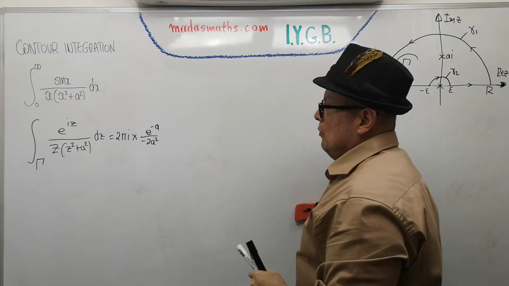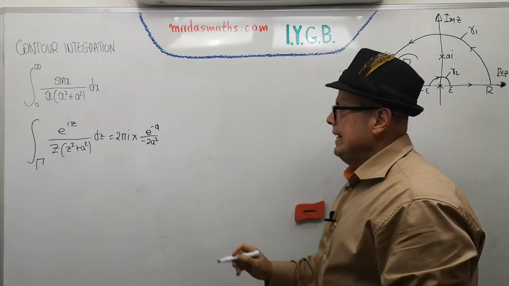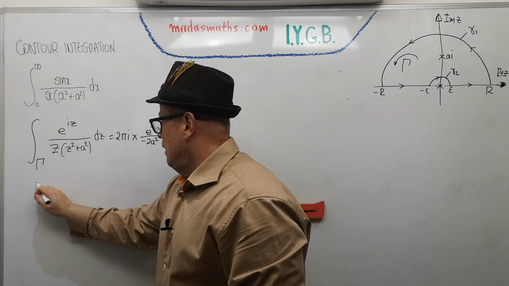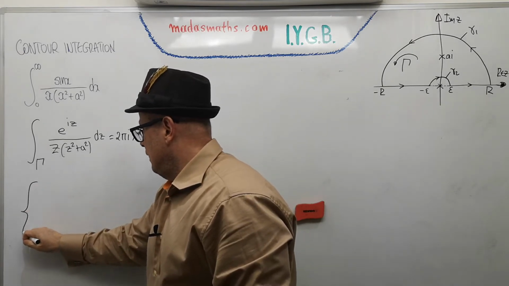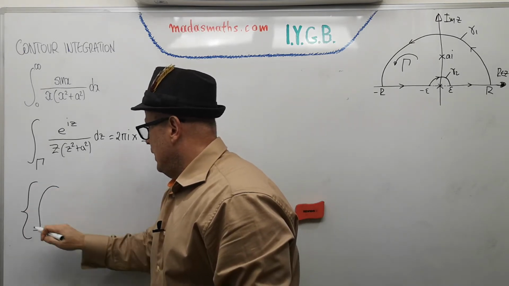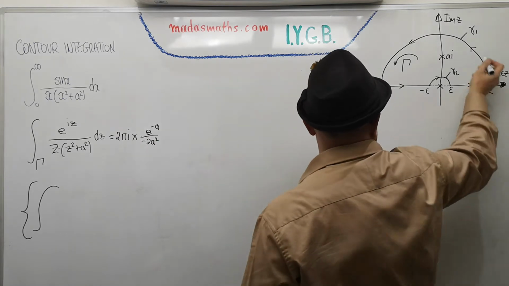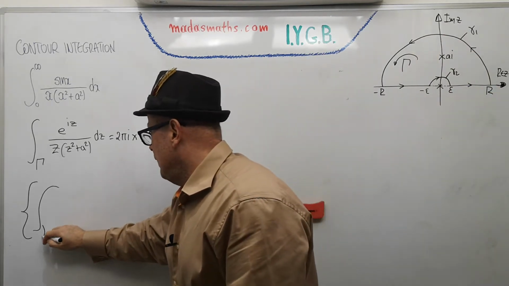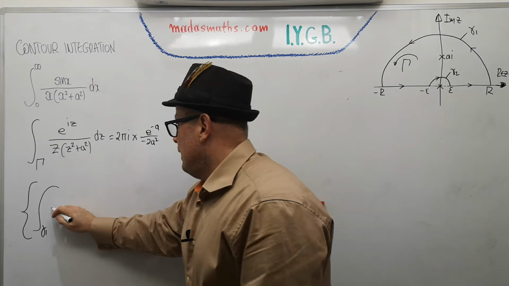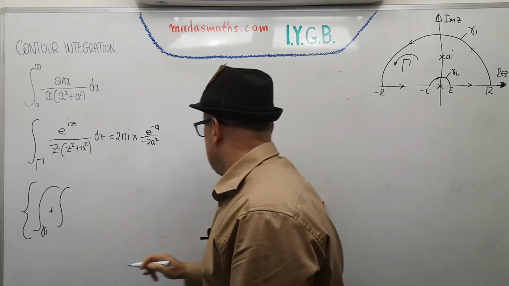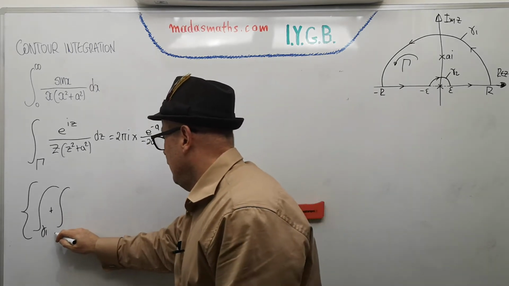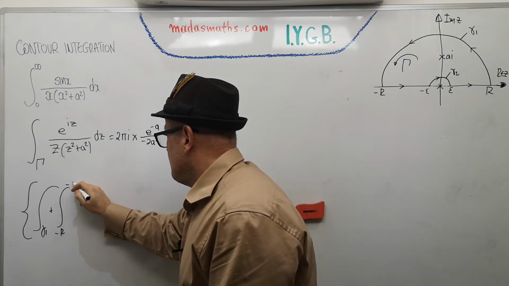Okay, so we're going to go next and say, if we, let's put a curly bracket. So if we integrate, first of all, around gamma 1, plus the integral from minus R to minus epsilon.